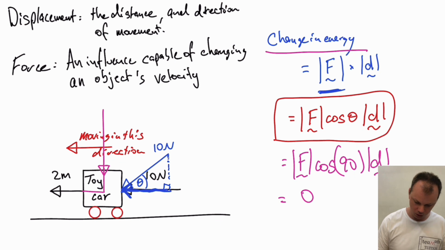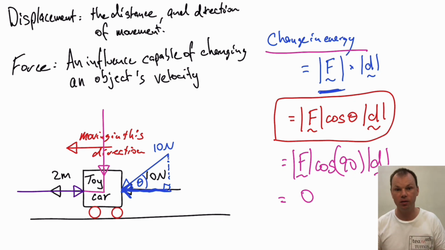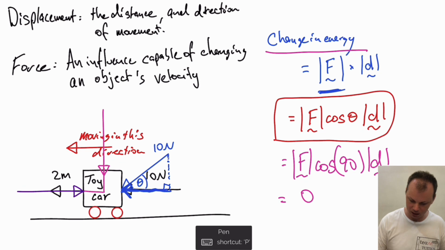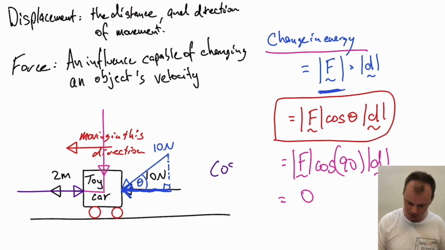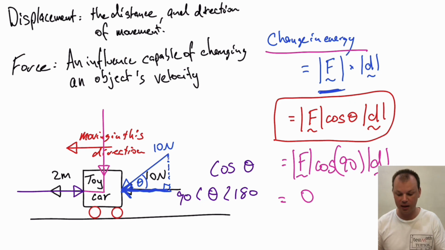If we were to have a force pointing in the opposite direction of motion, then you can see that we're going to be slowing down the car. And as it turns out, if theta is between 90 and 180 degrees, cos theta is going to give me a negative number.